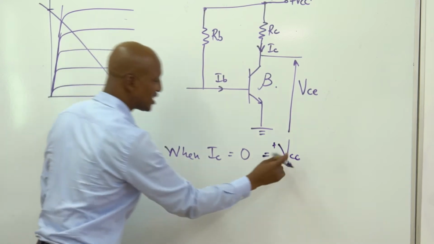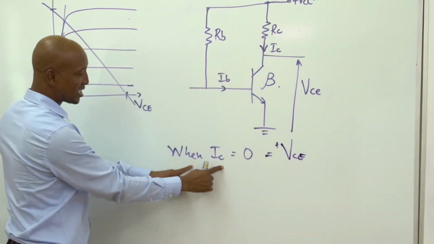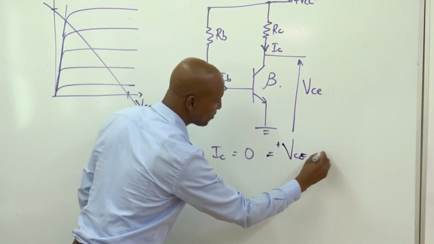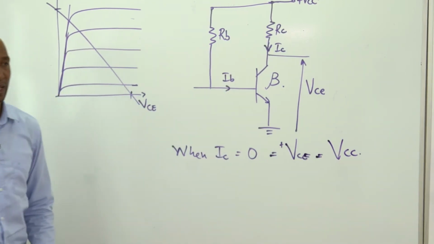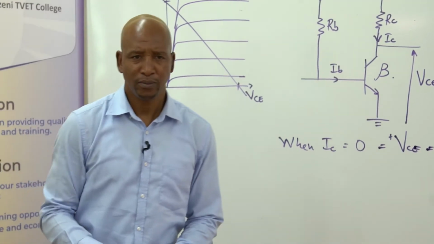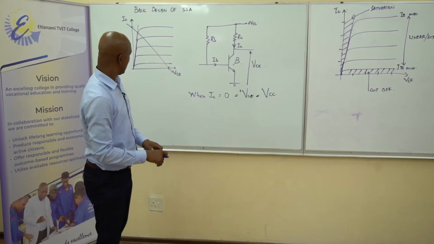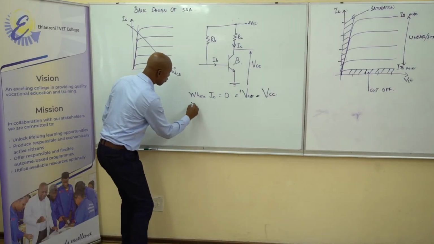So when IC is 0, VCE shall be equal to VCC, the supply voltage.